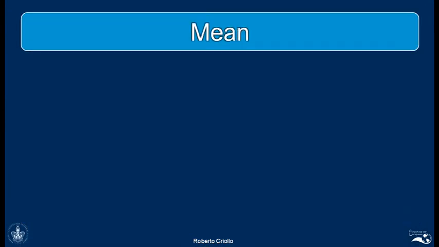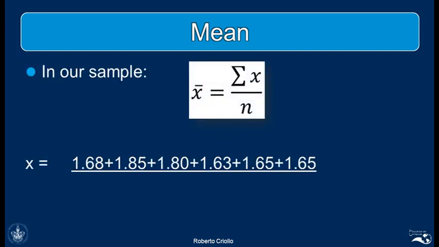Now let's calculate the mean in our sample to answer the question concerning whether Napoleon was tall or short. So this is the formula, and then of course we can see that the mean is going to be the sum of all of the different heights, 168, 185, 180, 163, and so on and so forth. And we're going to divide it, of course, by the number of people.